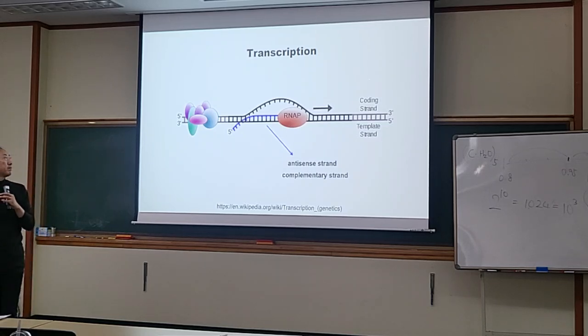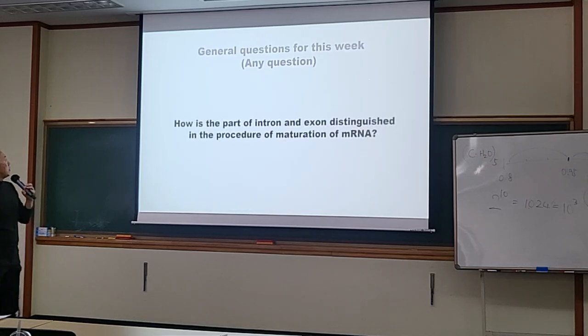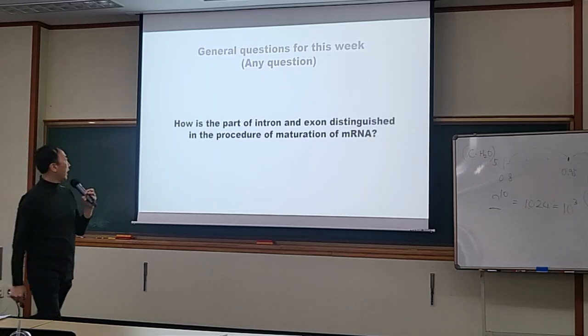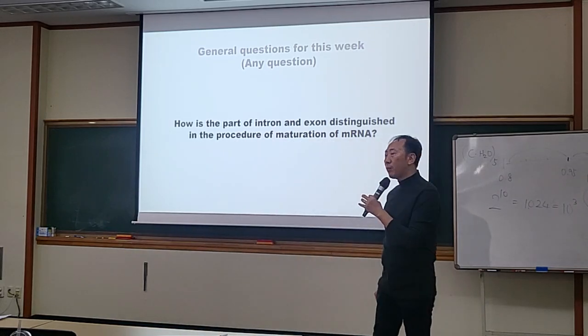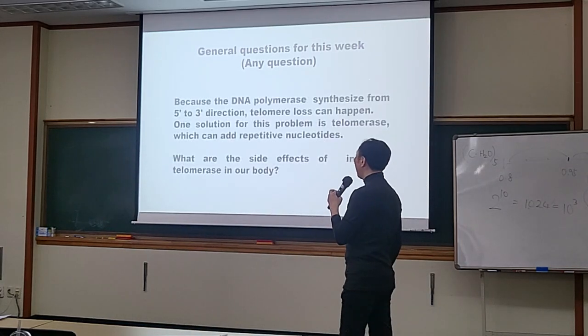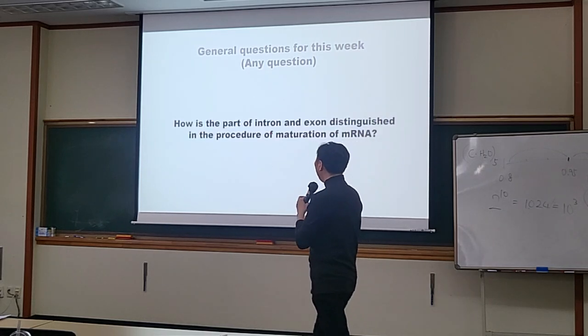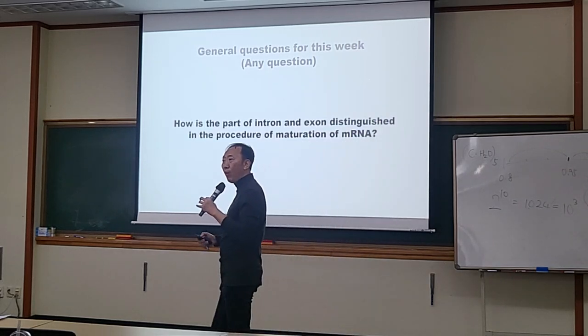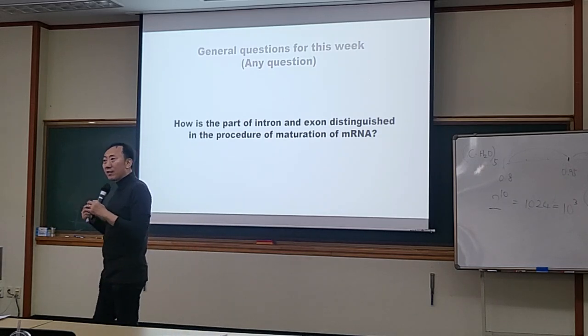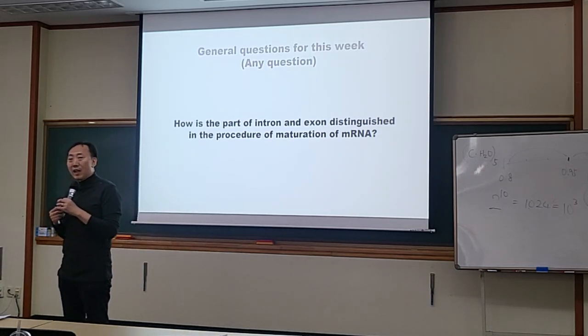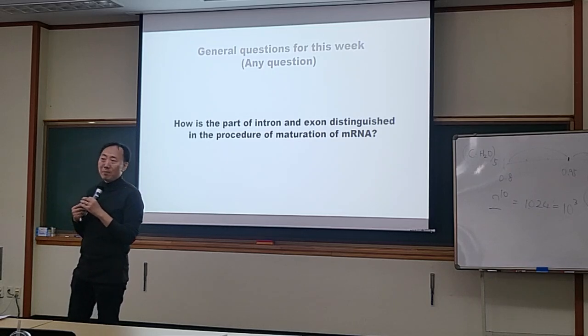Okay, I think it's almost at the end. Intron, exon, then how can live cells recognize which part is the intron and which part is the exon? Well, many of these introns have their own folding and a ribozyme-like functional role. It's like a ribosome, a ribozyme.